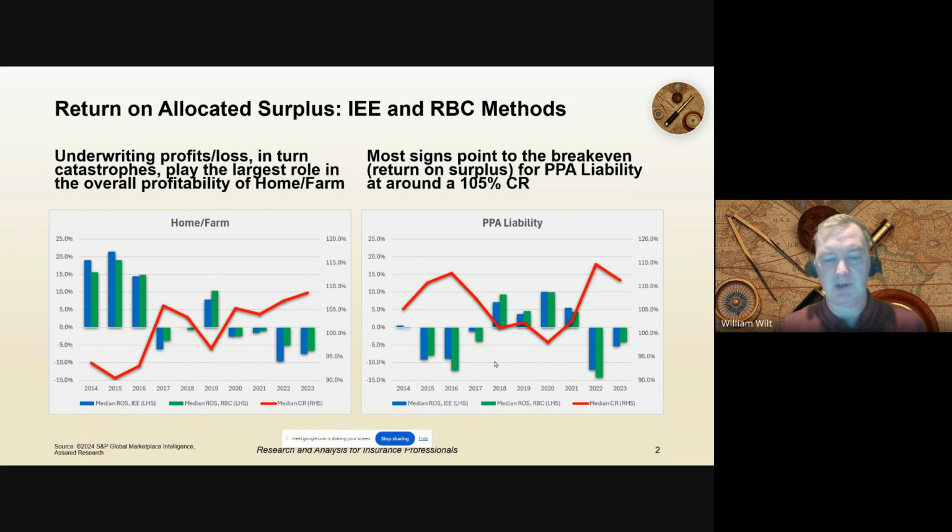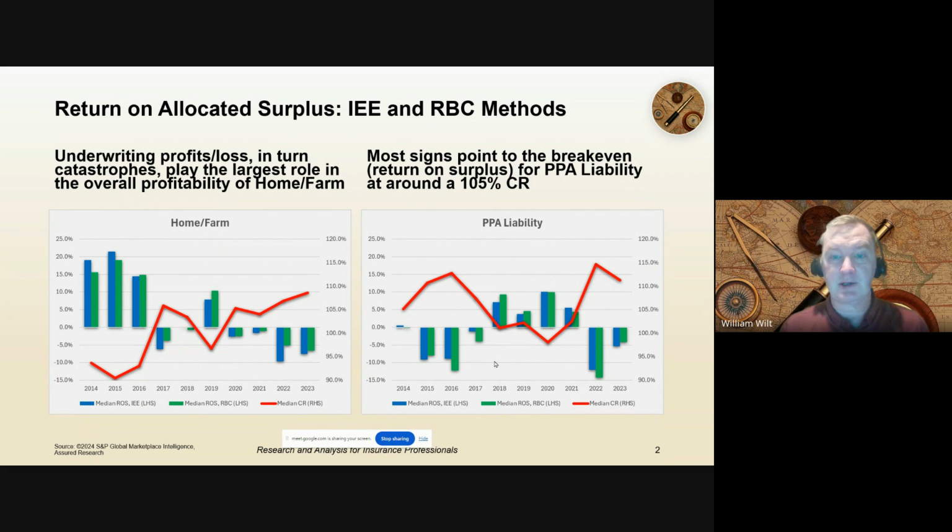And you see solidly negative results with a combined ratio near 110 in 2022 and 2023. So our observation is that homeowners not only continues to need more rate, but also real product design, redesign, and maybe even reimagining the product to some degree.